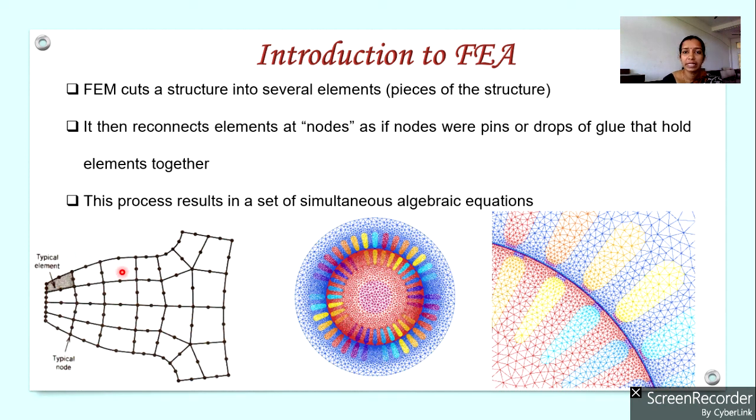This element is connected to this element only at these three nodes. So one element is connected to another element at the nodal points only. So we can say that the nodes act as pins or drops of glue that holds two elements together.